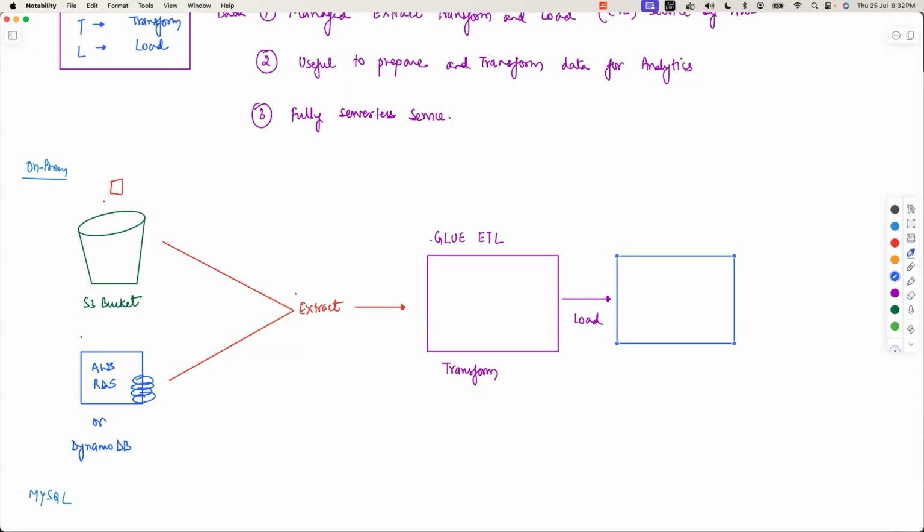Irrespective of right or wrong, just try answering it. What is that one service or multiple services which we can use for analytics? No one knows.